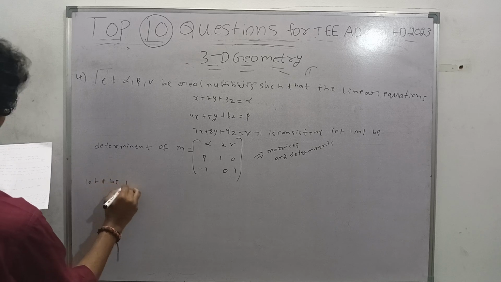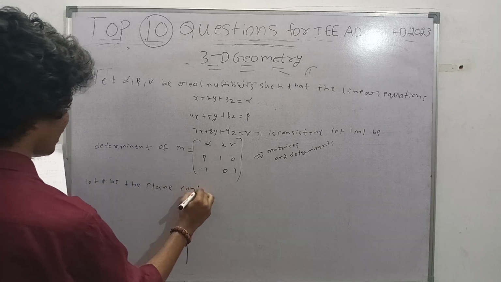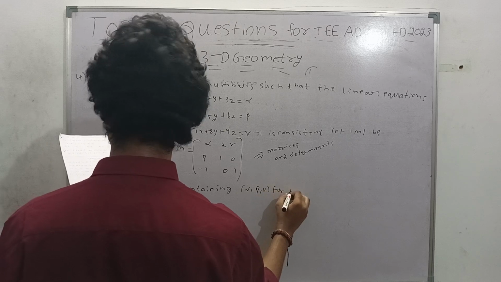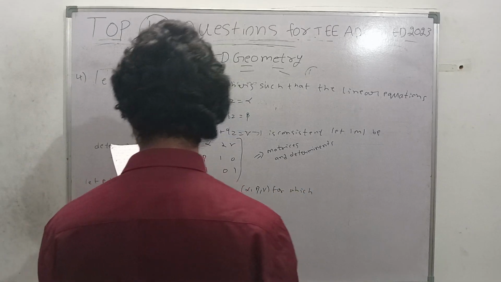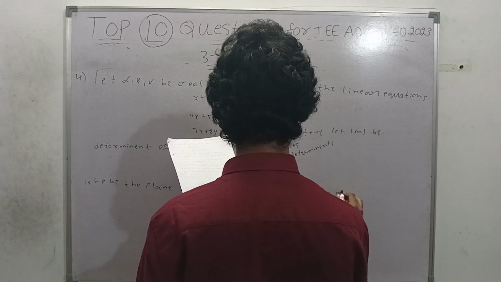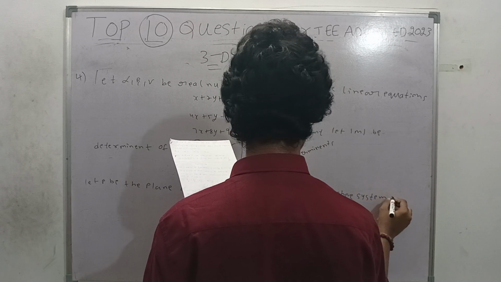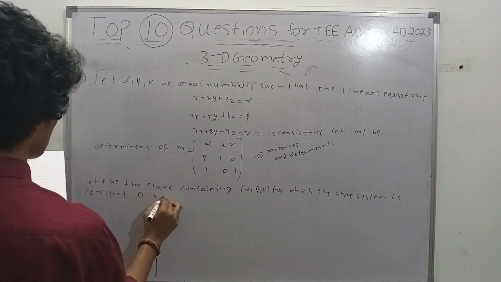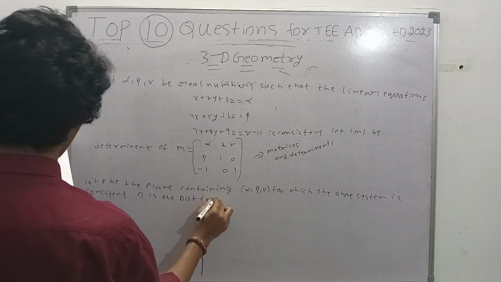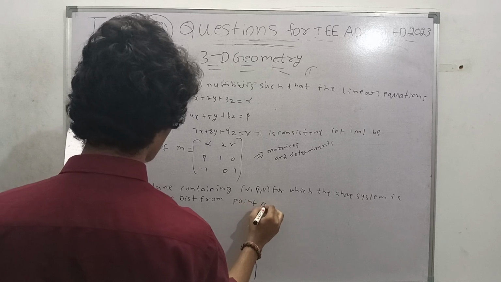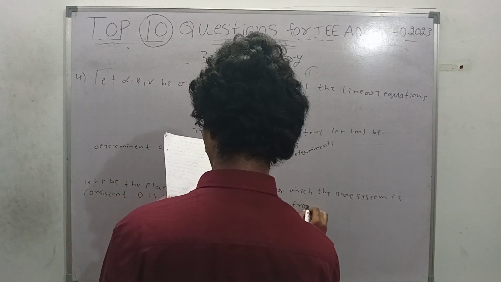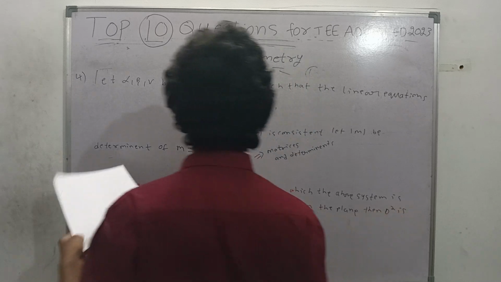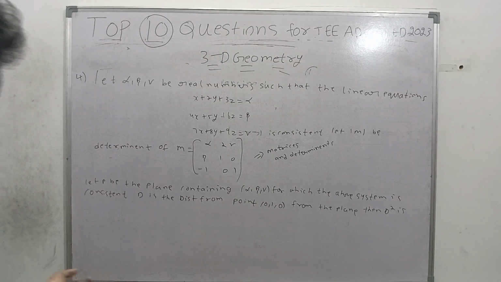Let P be the plane containing alpha, beta, gamma, for which the above system is consistent, and the given D is the distance from point 0, 1, 0 from the plane, then D square is... Look at guys, how big the question is, the total board is filled up.